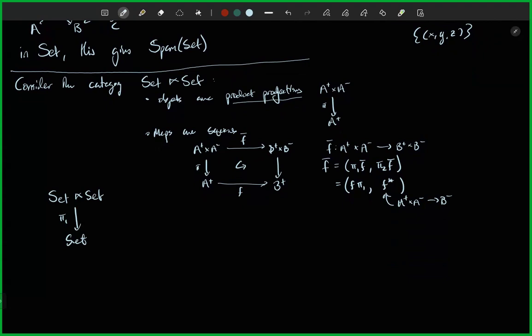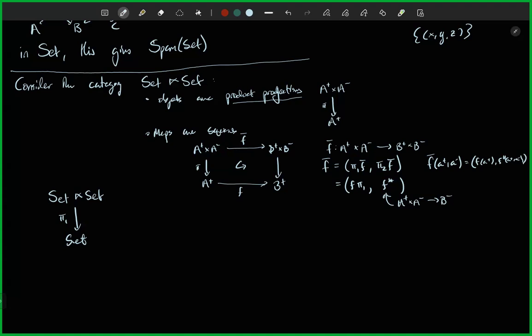Maybe I should write down what the composition is in terms of F sharp. So F bar of (A minus, A plus, A minus) is equal to F of A plus, comma, F sharp (A plus, A minus), by definition.